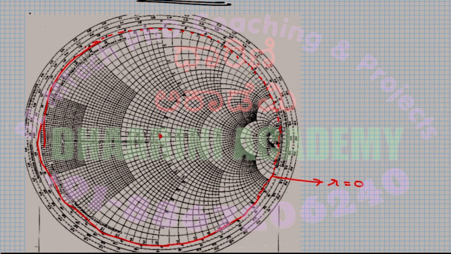The one circle which touches this as well as this, that is the R equal to 1. Maybe this is the circle. Yeah, you can see that there is a circle underneath this red color. So that is the circle which is R equal to 1.